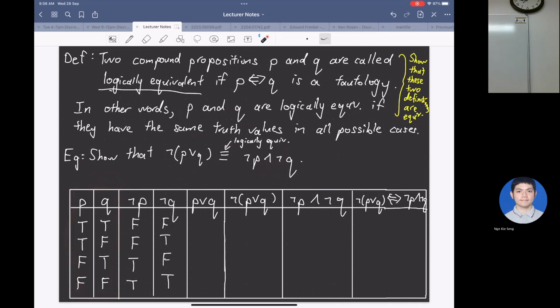Then I compute not P, not Q. Then I want to do P or Q. What's P or Q? Anyone tell me? True, true, true, false. Not (P or Q) is false. And then not P and not Q.